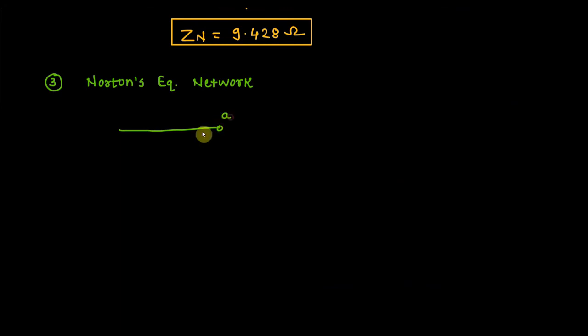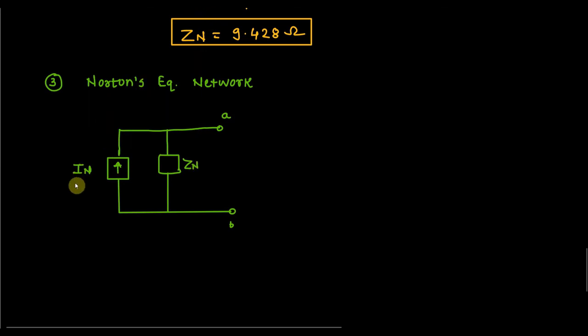This is your A terminal, this is your B terminal, and this is your impedance Zn. This is your Norton's equivalent circuit, where this represents the value of In and this represents the value of Zn. We have calculated both values.